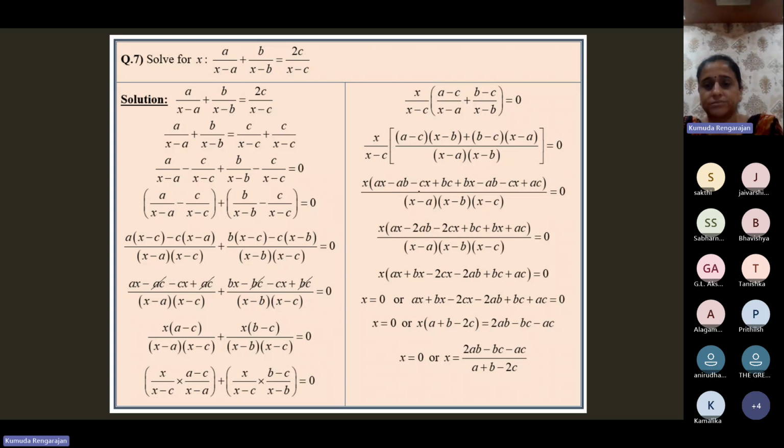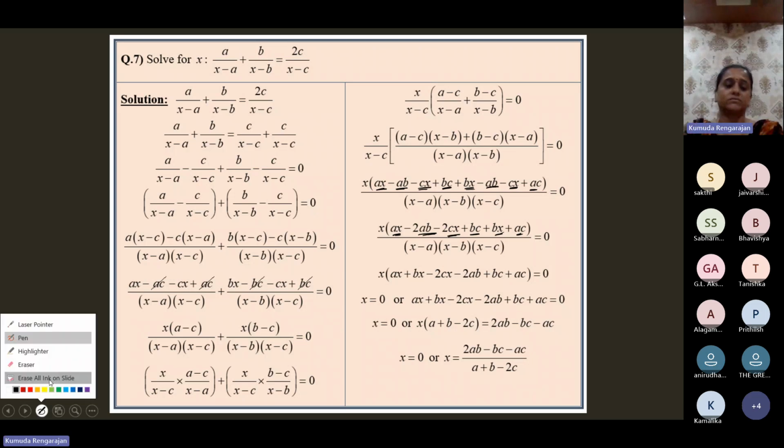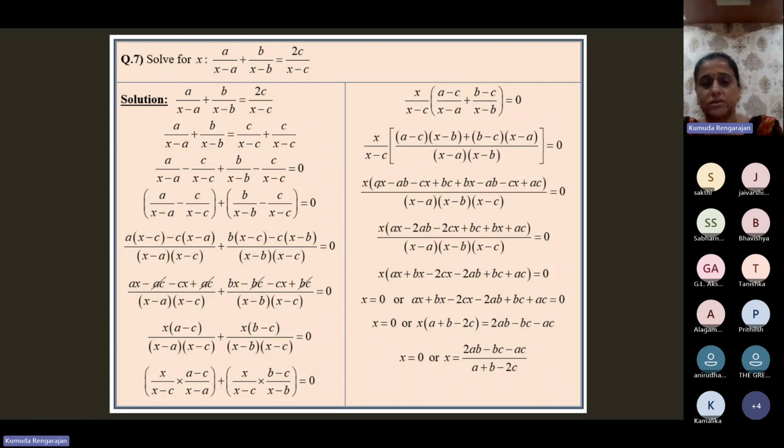Now, see if anything gets cancelled. So ax, there is no other ax term, so ax as it is. There's minus ab, there's minus ab, so it's minus 2ab. There is minus cx, there's minus cx, so minus 2cx. And plus bc, only one bc term, so bc plus bx plus ac. Wherever we had like terms, we simplified.